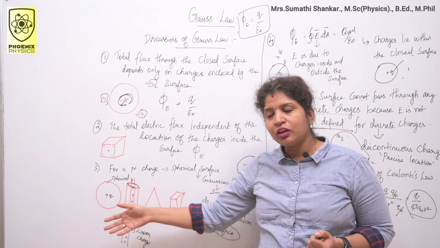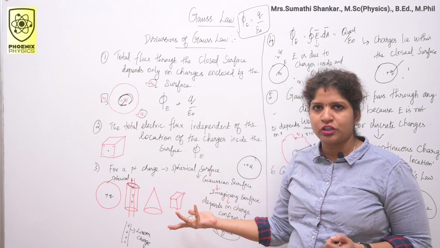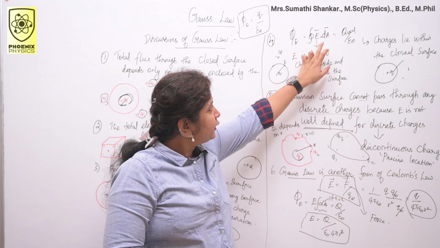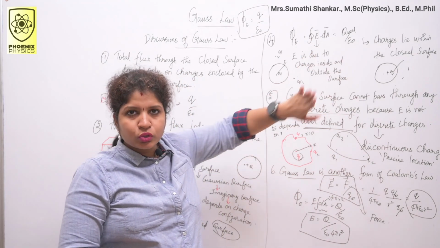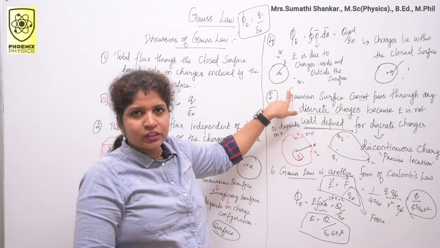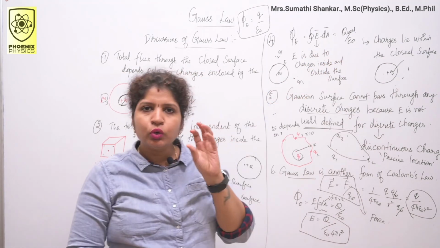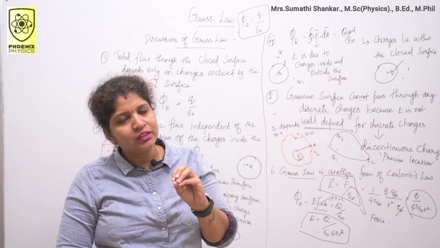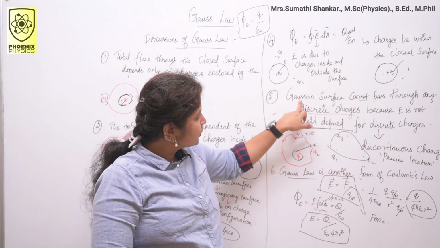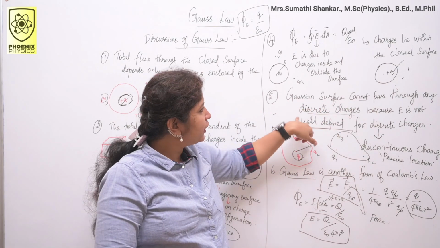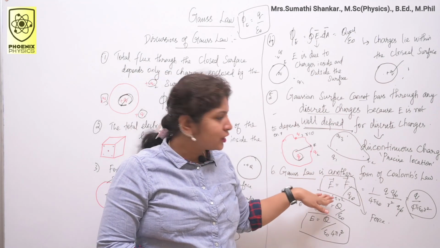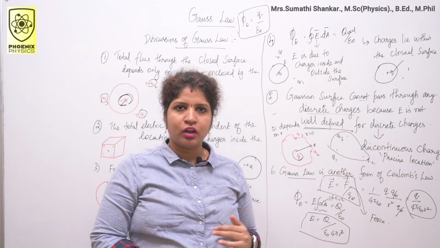It can be a sphere or cylinder or cone or cube shape also. Fourth one is phi E is equal to the integral of E dot dA equals Q enclosed by epsilon naught. Here E depends on the inside and outside charges, but Q enclosed denotes charges inside the Gaussian surface. Then the fifth point, a Gaussian surface cannot pass through any discrete charges. Then the sixth point, Gauss law is another form of Coulomb's law.